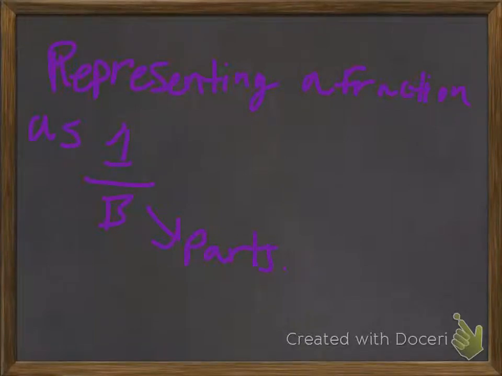B is also the number of sections we're partitioning the line from 0 to 1 into.